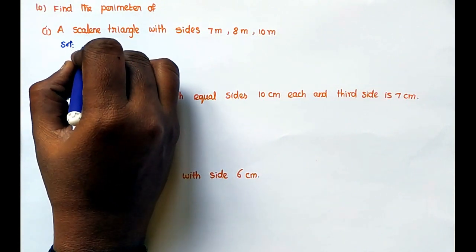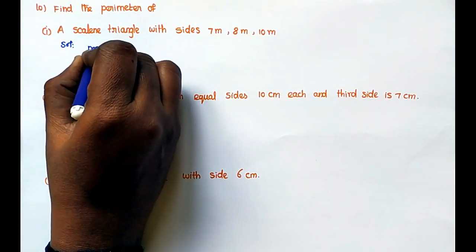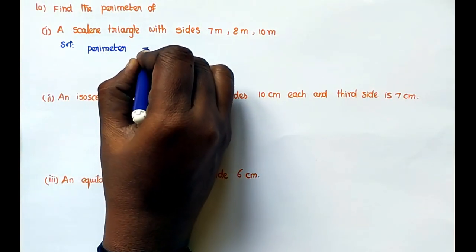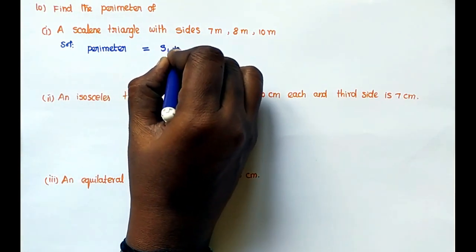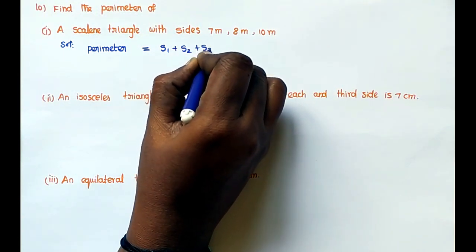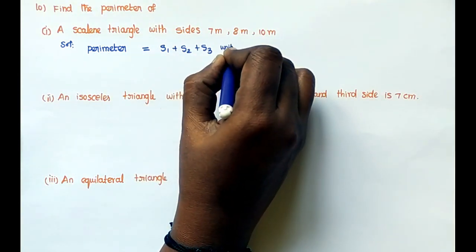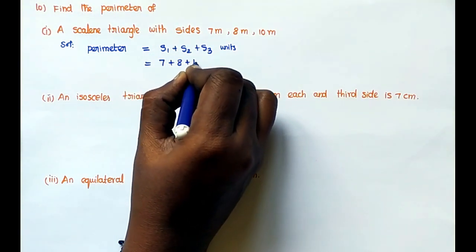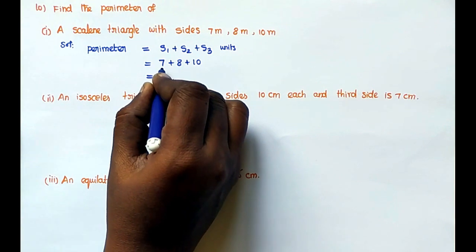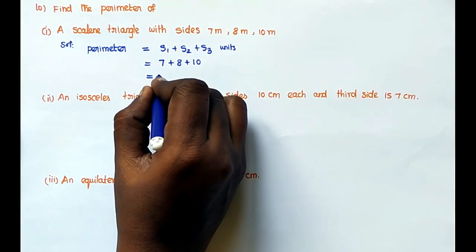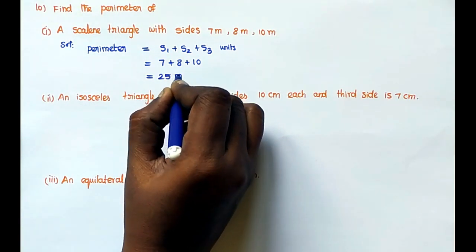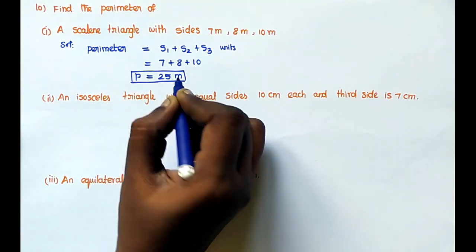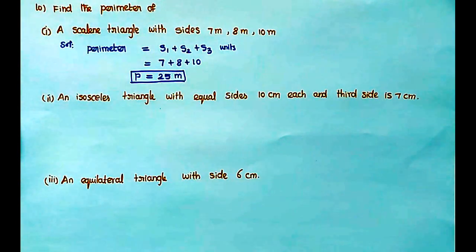So perimeter is equal to S1 plus S2 plus S3 units. What is S1? 7 plus 8 plus 10. 15 plus 10, 25. 25 meter, that is the perimeter of scalene triangle.